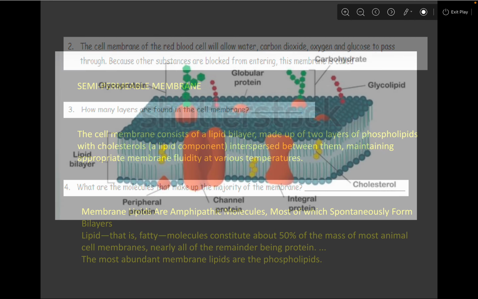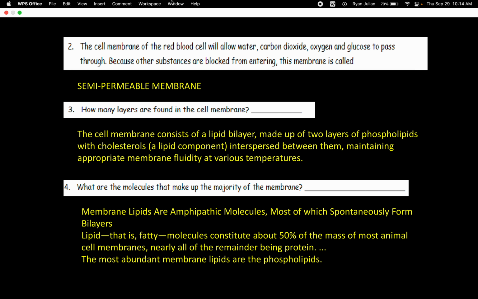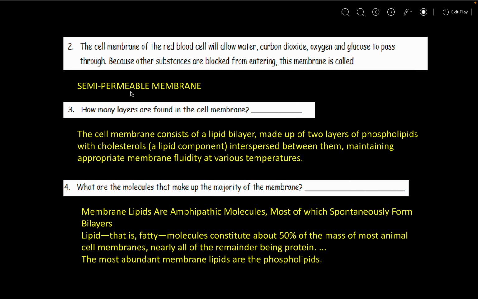Proceeding to our next question are the guide questions that I have prepared. The cell membrane of the RBC will allow water, carbon dioxide, oxygen, and glucose to pass through because other substances are blocked from entering. Thus, this membrane is called, it's not permeable membrane, but it is semi-permeable membrane.